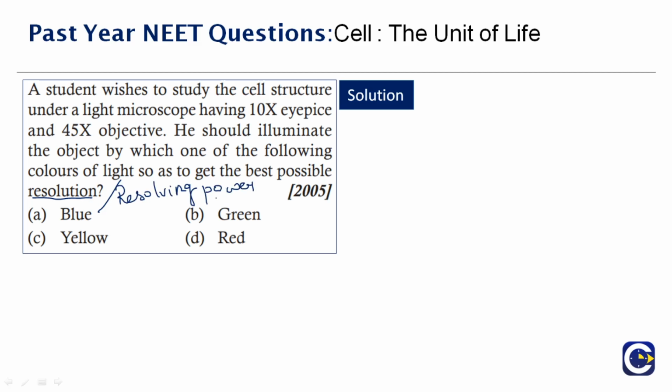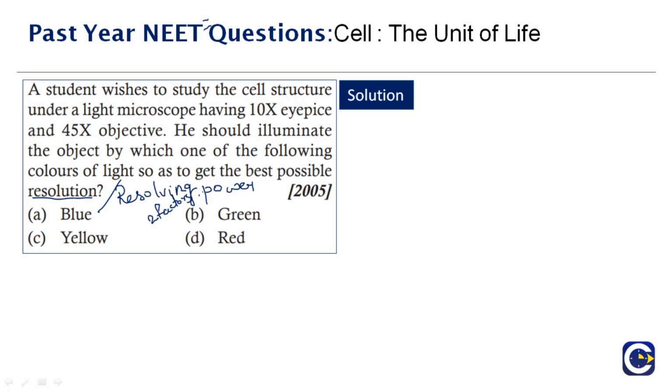Even the things that we leave without noticing, when the resolving power is kept perfect, you can even find some fine things in them. Resolving power depends upon two factors. What are the two factors? One is the wavelength of the light used for illumination, and the other is the power of the objective lens.